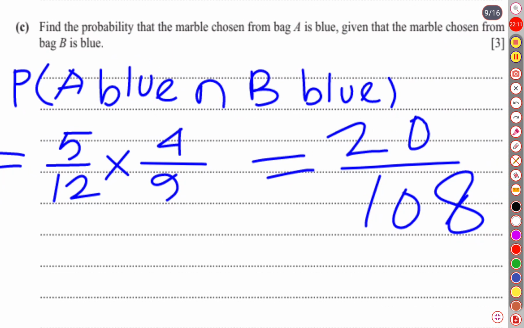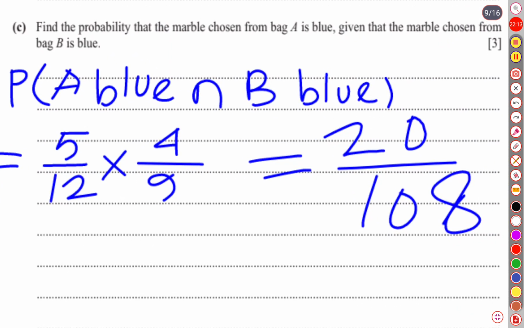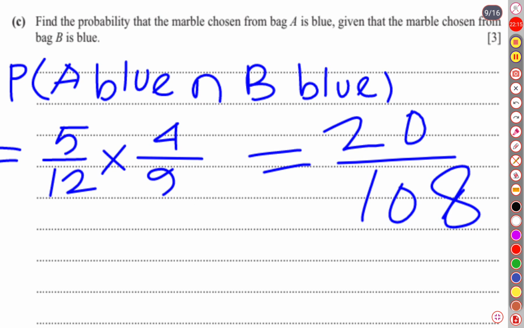given that the marble chosen from bag B is blue. So this is only about bag B. So let us write probability of bag B blue. Okay. And for bag B, if it is blue, what about bag A? There is no clear instruction about bag A, so there are possible cases.